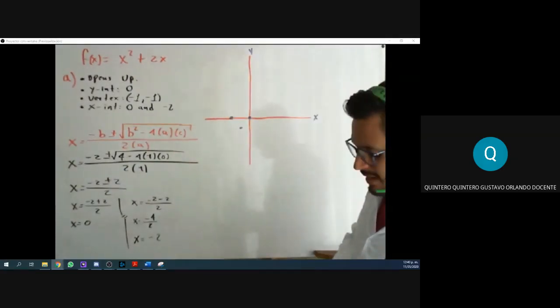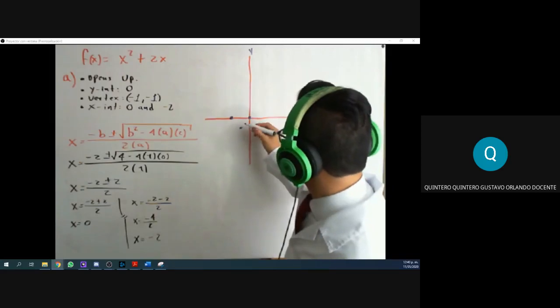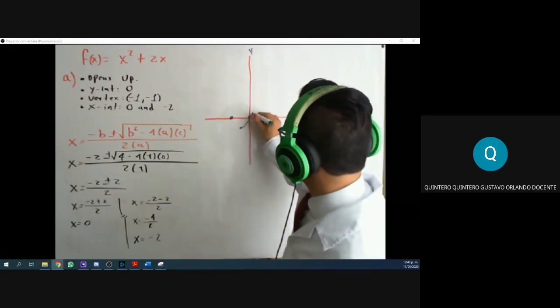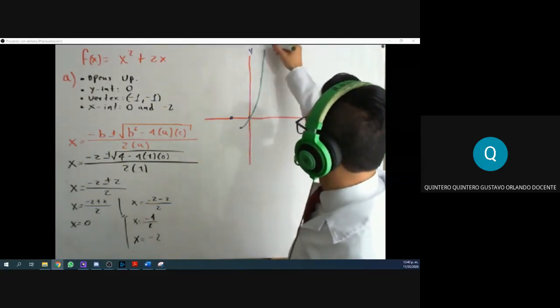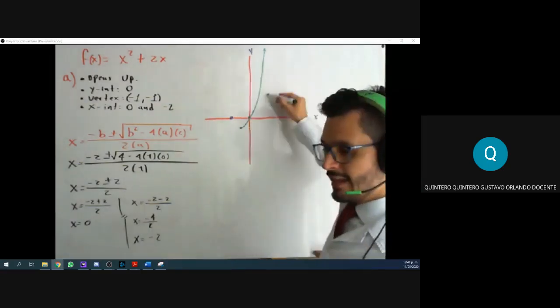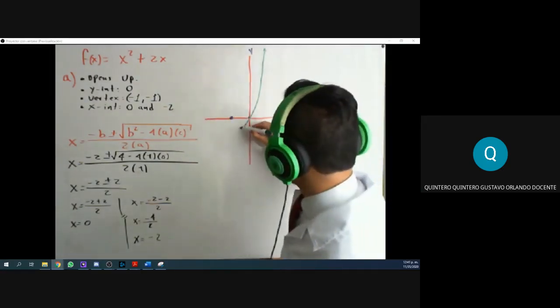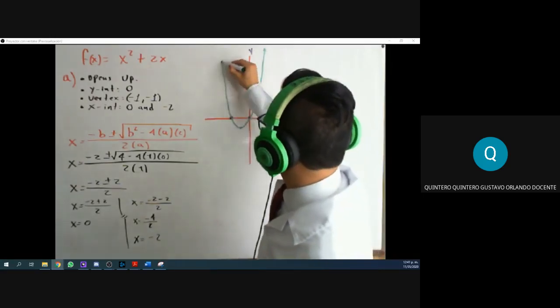Starting from the vertex, I am going to graph up through each of the points and then kind of curving. Now I'm going to do it to the left, from the vertex and up and kind of curving.